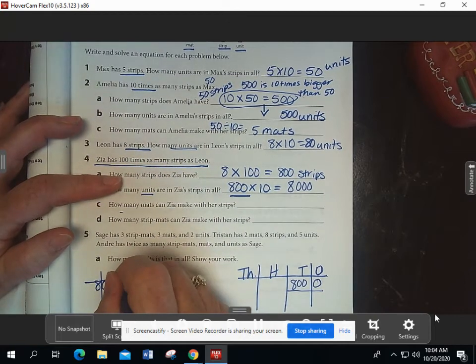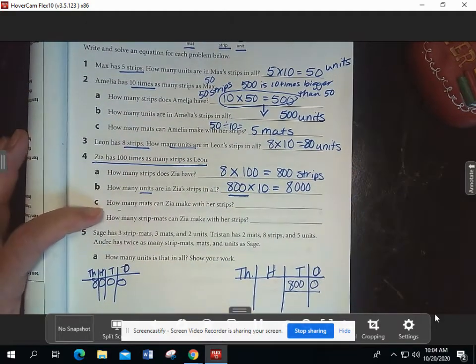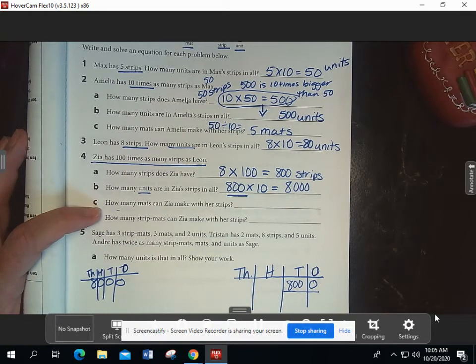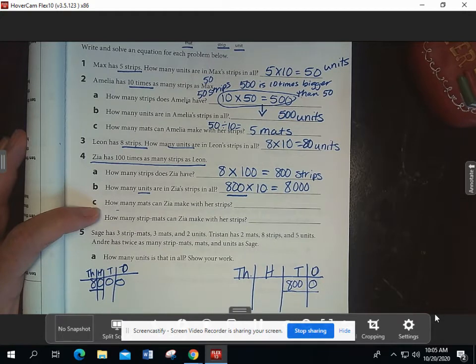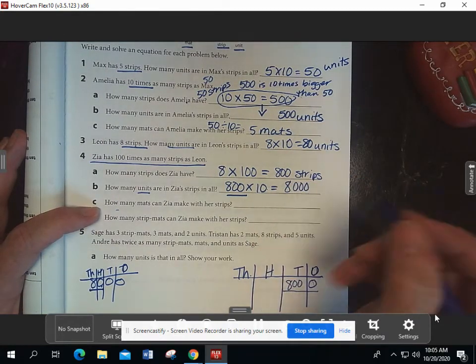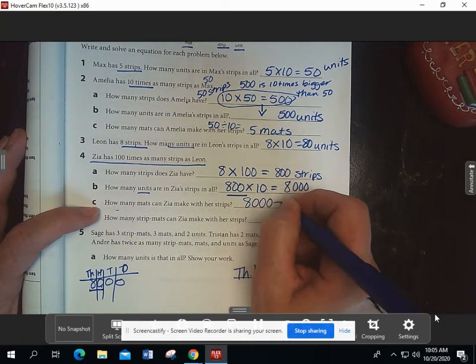We have ones, tens, hundreds, thousands. Are we talking about thousands or are we talking about hundreds? How many can we make? What did I underline? 8 and the 0, right? So how many is that? 80. You just did a dividing problem.